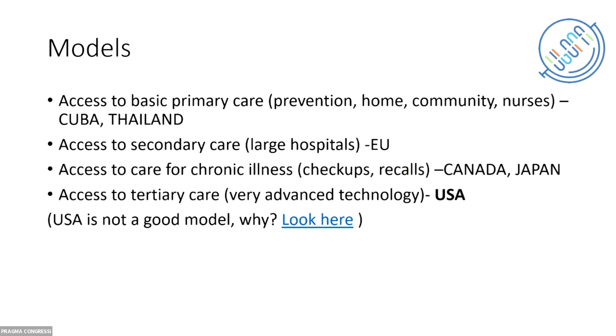For instance, the healthcare model in Cuba and in Thailand is based on improving, and very well, in fact, access to basic primary care, so access to community care, rural care, and that means access to preventative medicine, vaccinations, mosquito nets for malaria, etc. Whereas they may not have super duper hospitals in the big towns, they do have a large rural community which is in a very good state of health at the moment. If you look at their data, they really do have a healthy population, even in rural areas.